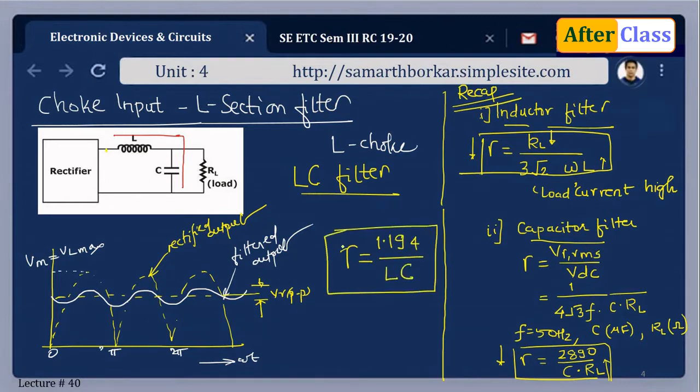Now look at this equation. There is no RL term, no load resistance. That means the ripple factor is independent of your load resistance. So you can use this circuit for heavy load or light load. It is applicable to both conditions.